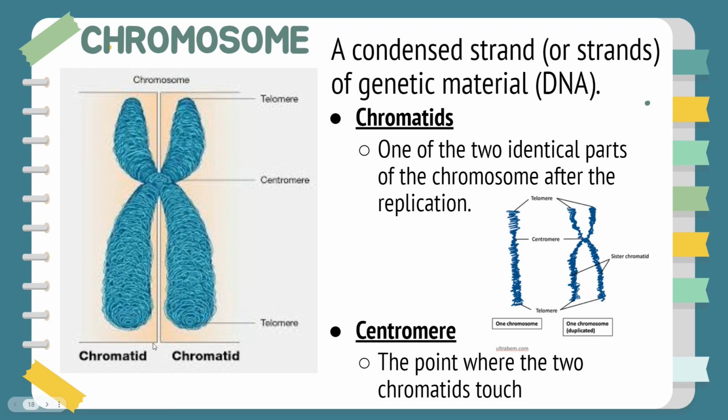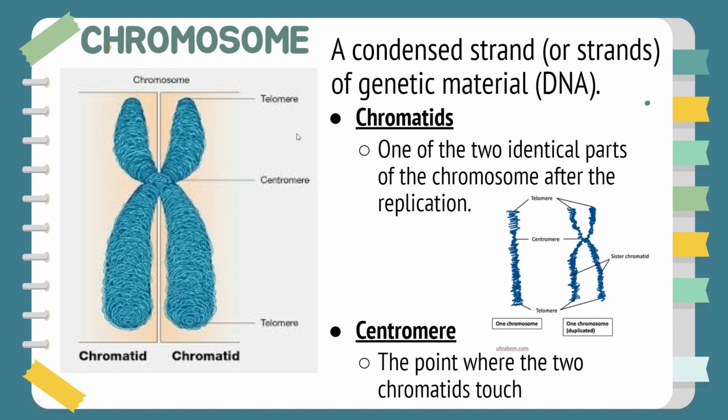A chromatid is one of the two identical halves of a replicated chromosome. After DNA replication, during the S phase of the cell cycle, this is the form that we would see each chromosome in. It would consist of two chromatids connected at a central point called the centromere.